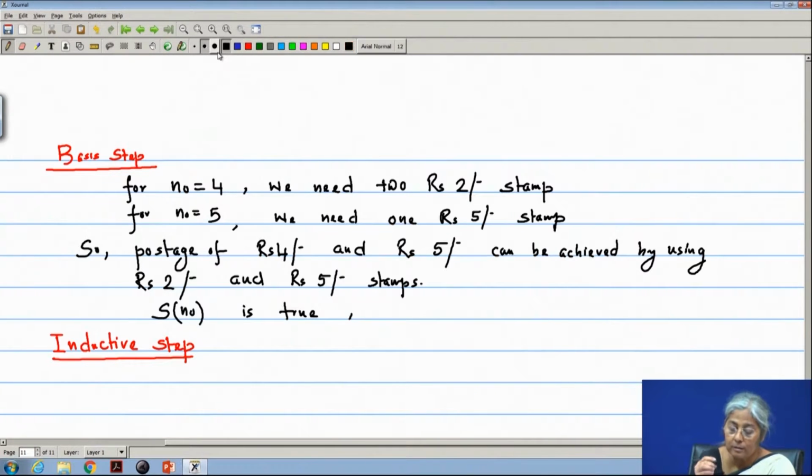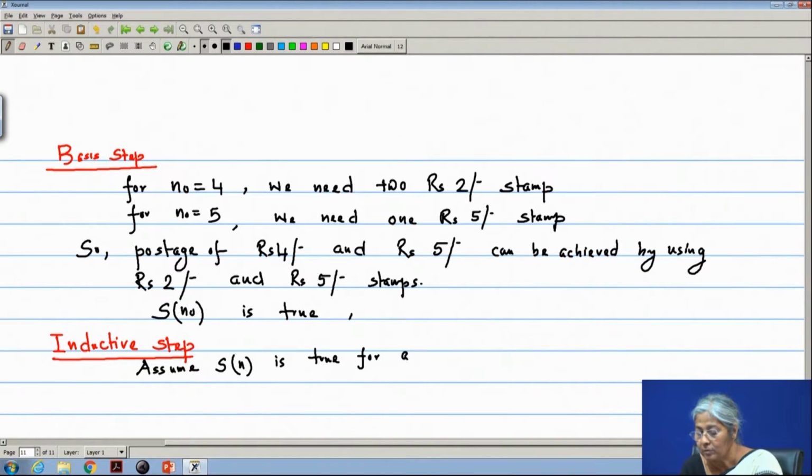So, assume Sn is true for all preceding values of n.